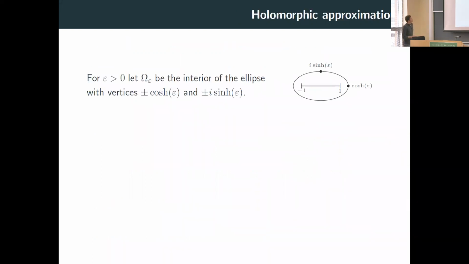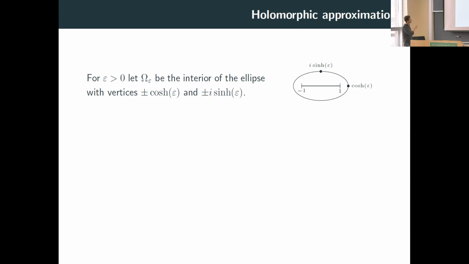Okay. Now, we have almost holomorphic extension to the complex domain, but we actually want to deal with holomorphic functions. So we will modify it to get holomorphic functions. And we will do this on special domains, which are ellipses.